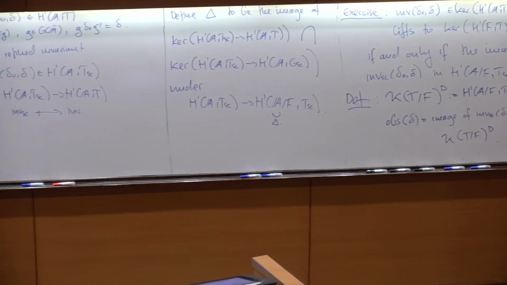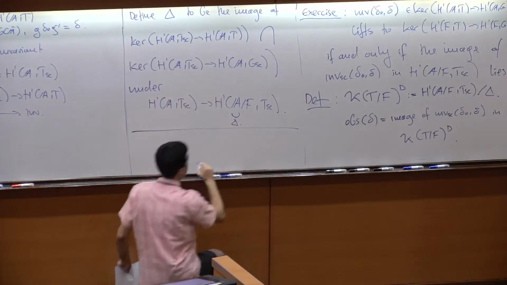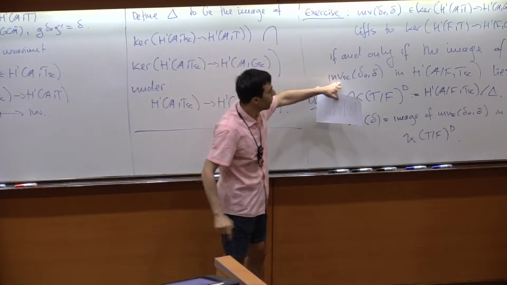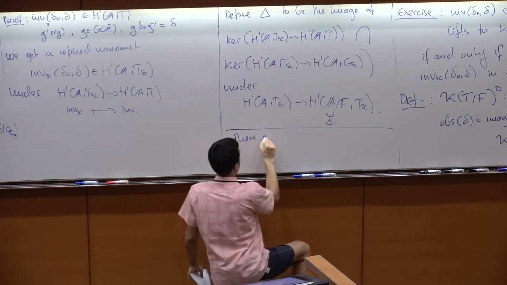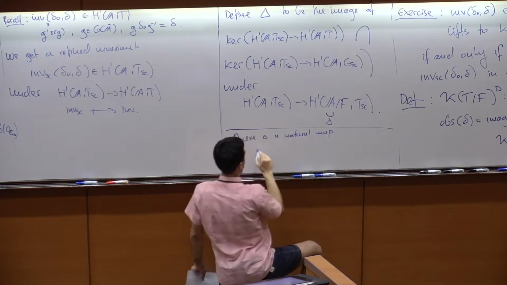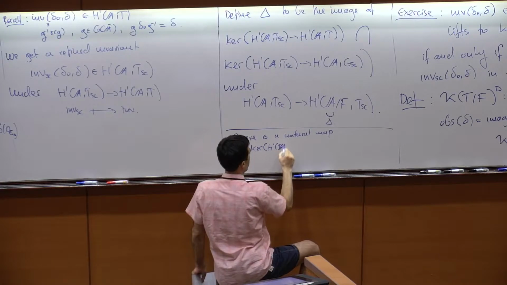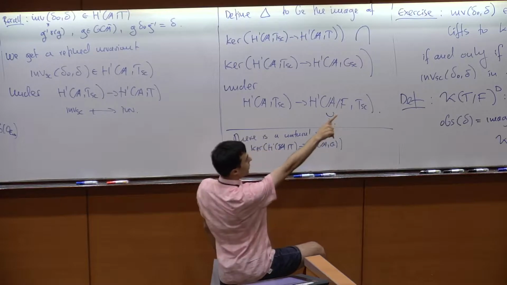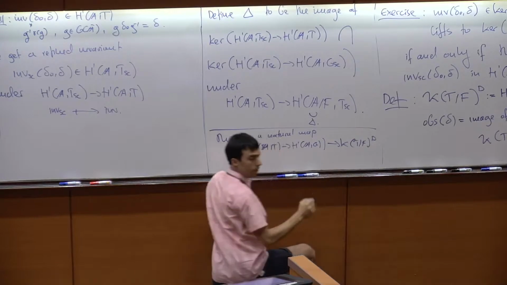Maybe let me first make a little remark. In fact, we use this invariant, but we could have also, in hindsight, used the old invariant. Namely, there is a natural map from the kernel of H1(F,T) to H1(A,G), this is where the old invariant lived, to this group, kappa T over F dual.